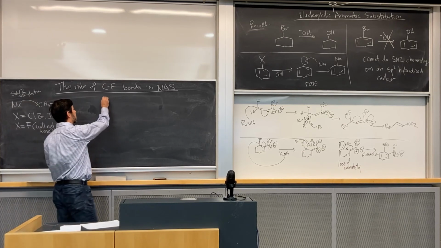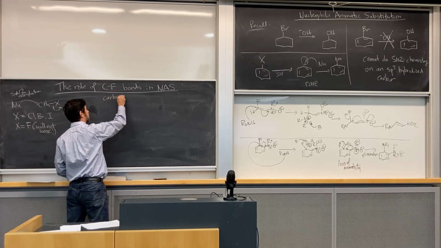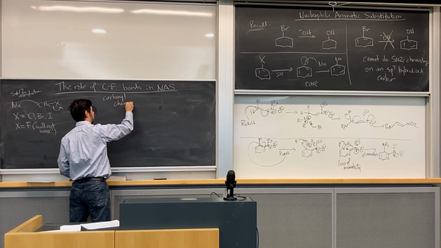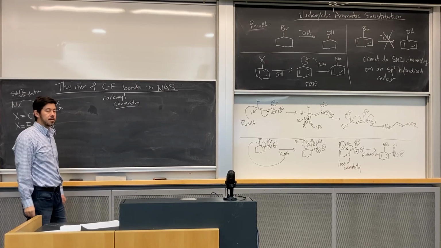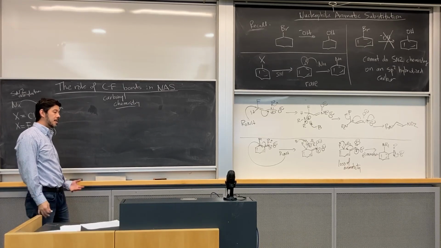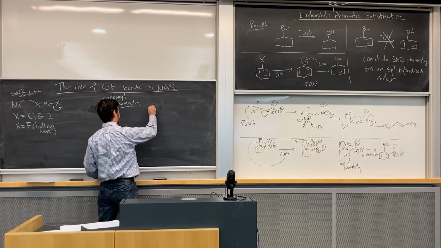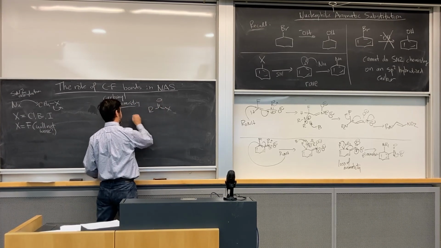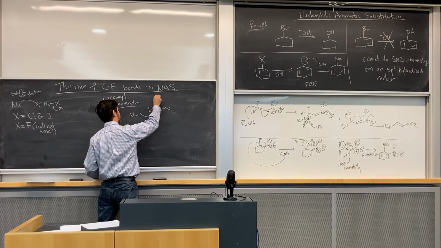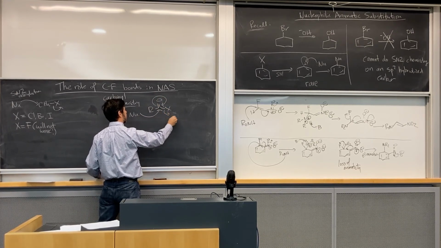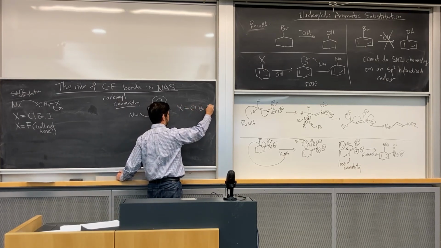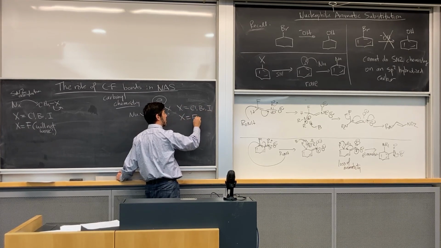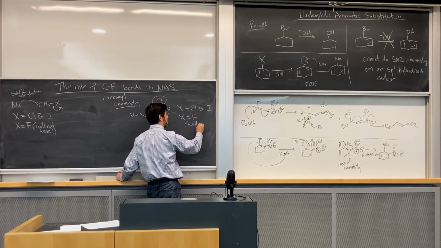Similarly, if you look at carbonyl chemistry, we've done a lot of work this term on things like acyl chlorides, acyl halides. So you know that if you have this type of structure here, and then your nucleophile comes in, and then electrons go up, come back down, X will work if you have things like chlorine, bromine, even iodine, but if X is equal to fluorine, it will not work.